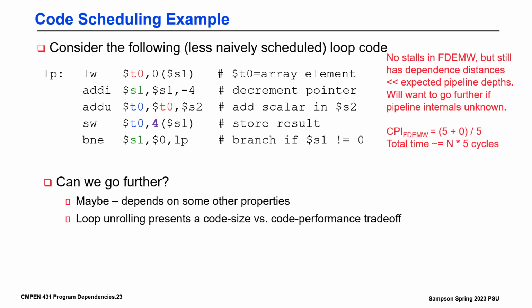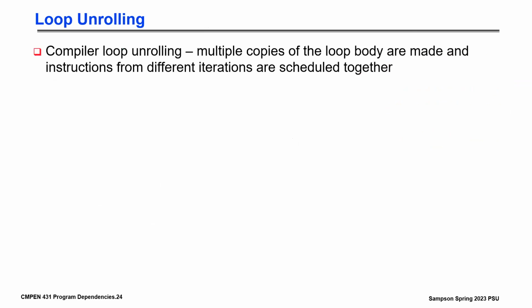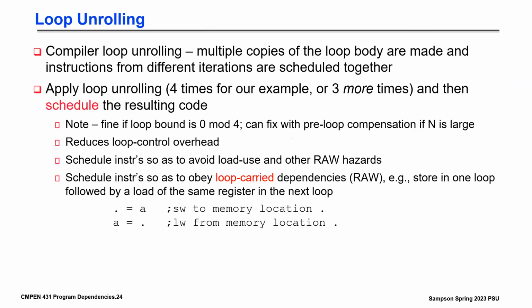Okay, so we're going to do some loop unrolling. Useful. If we have some loop, and for instance, let's say it didn't have a whole lot of ILP, we might be able to extract more if we look across iterations. But we can't do that easily because there's a branch in the way. But if you have something with structure like for i to 100, I can reason about that branch. So let's say that I want to unroll it 4 times.